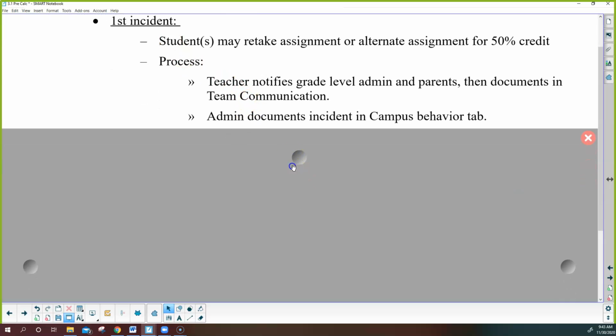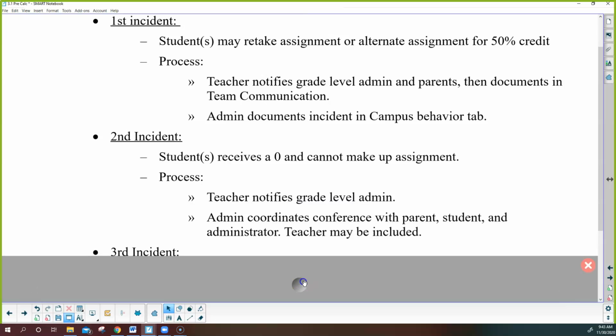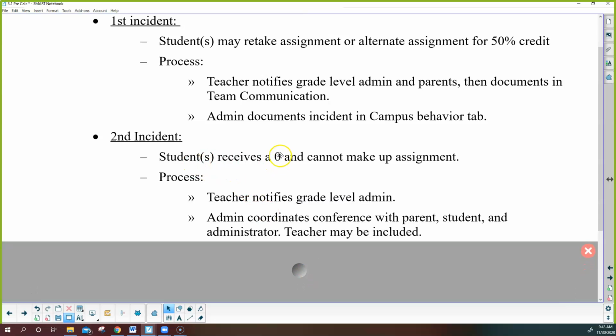Now, what happens if it happens again? So if that happens again, then the student receives a 0 and cannot make up that assignment. The teacher notifies the grade level admin. The admin coordinates a conference with parents, students, and the administration, and the teacher may or may not be included depending on the time.